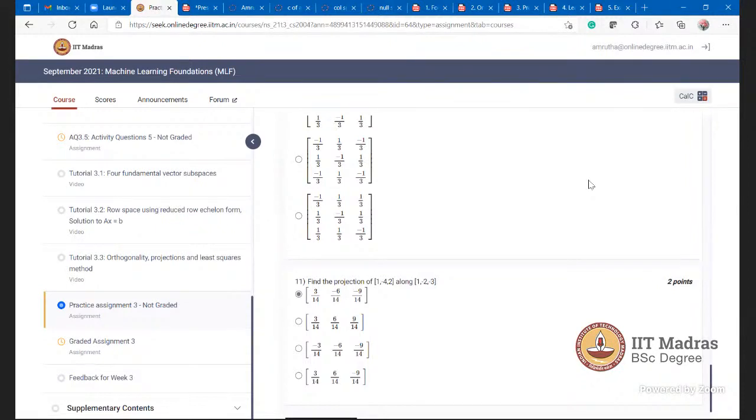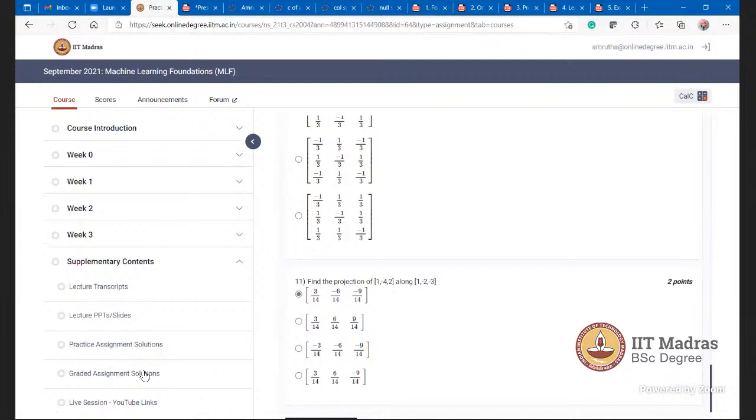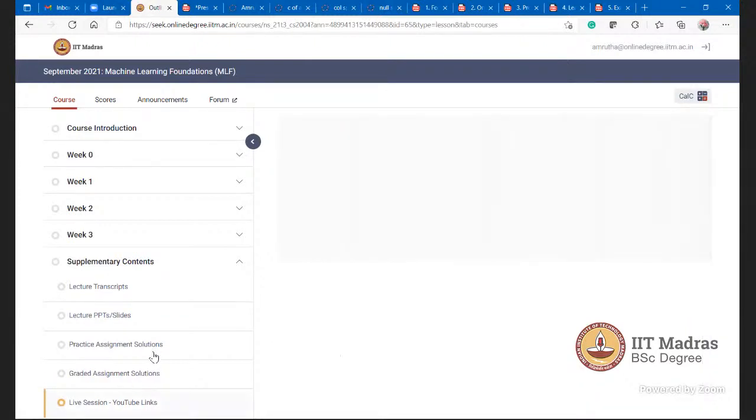Ma'am, can you check one thing? That's my suggestion. Under the supplementary contents, where you have given the link for YouTube live sessions, I clicked on one of them and ended up in Math 1. We'll check. In that document, there are tabs.